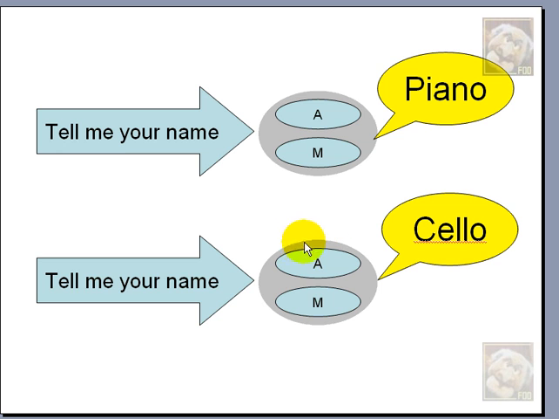The second object will respond to the same method, please tell me your name, but it will answer cello. So cello would be a string stored in the same attribute name. Therefore, we can see that object number 1 and object number 2 have the same structure but different information. That makes them different.